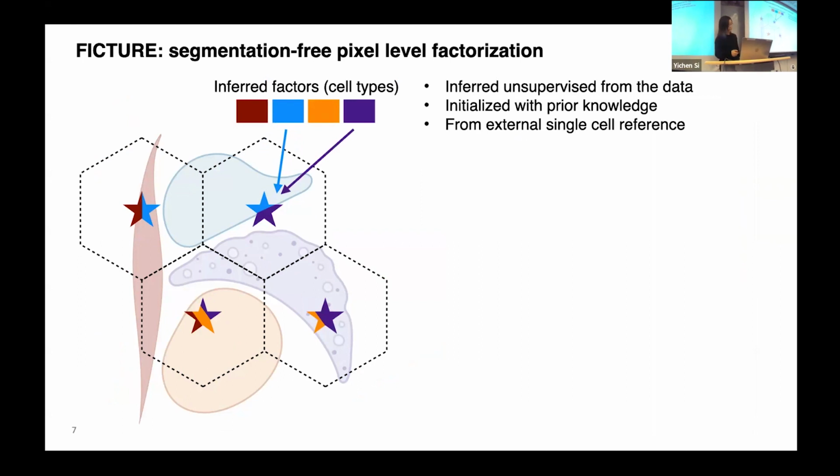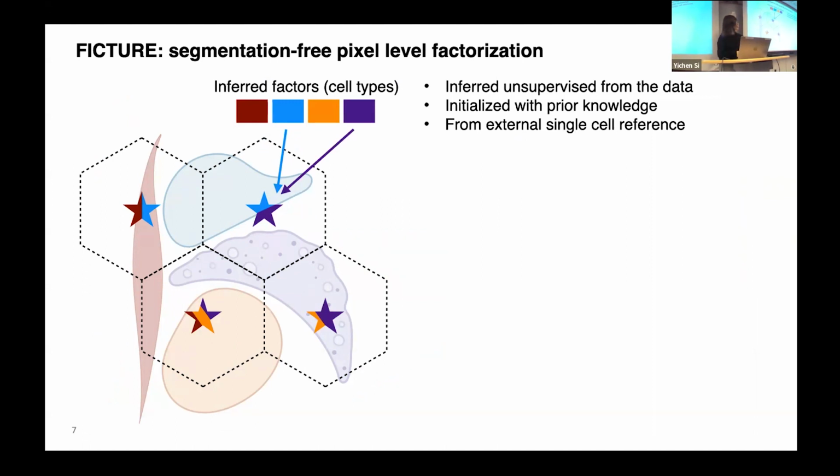So this is the intuition of how FICTURE works. We start from the grid-based approach, where we aggregate individual pixels into hexagons, and for each of the hexagons, we infer the mixture probability over the different cell types. Here are the factors.